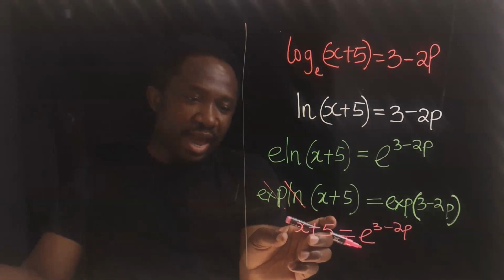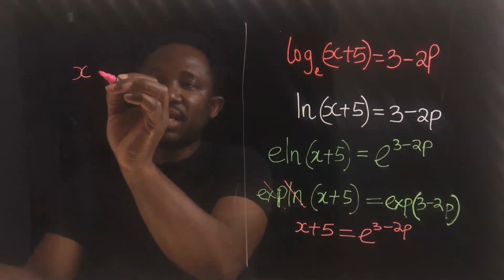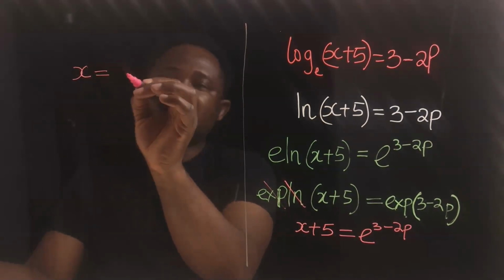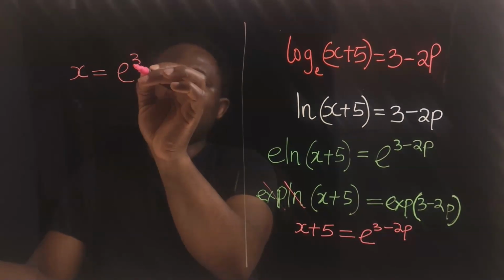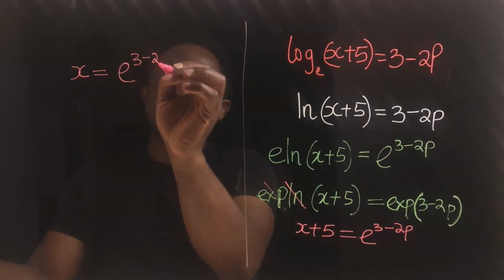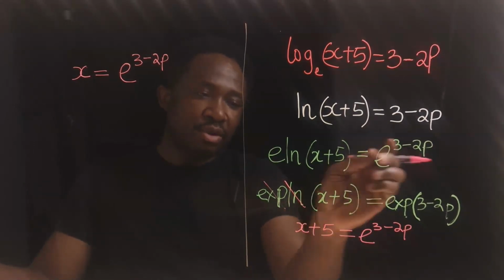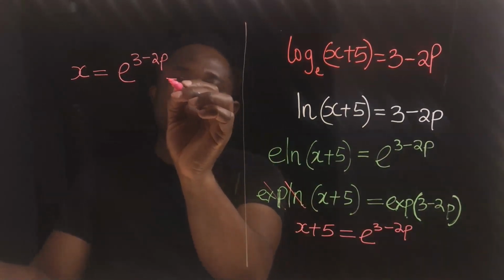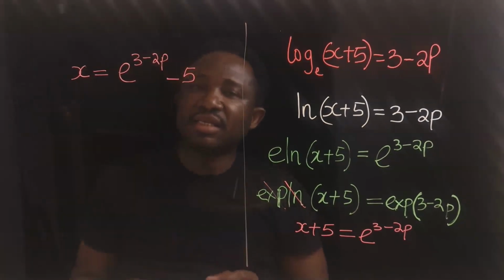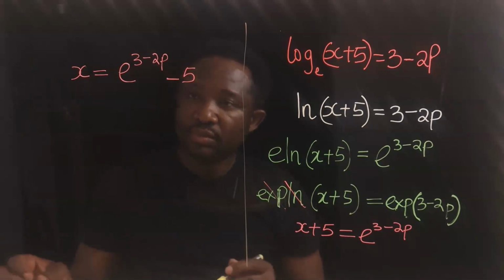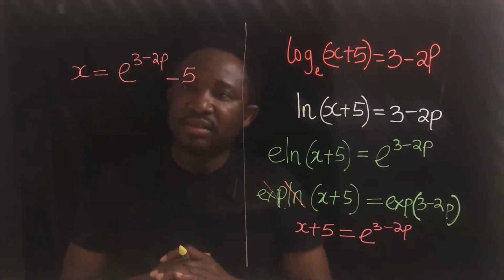Now we can make X the subject. We're going to leave X on this side, and on the other side we're going to have exponential 3 minus 2p. This is plus 5. On the other side is going to be minus 5. X is now isolated, and this becomes our answer.